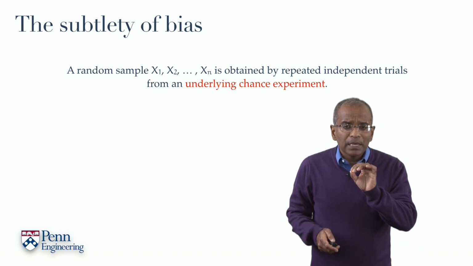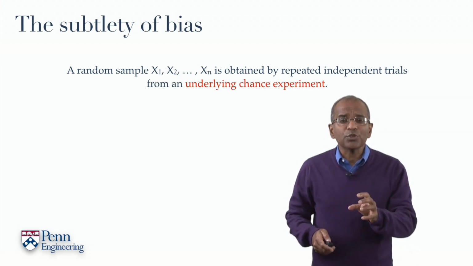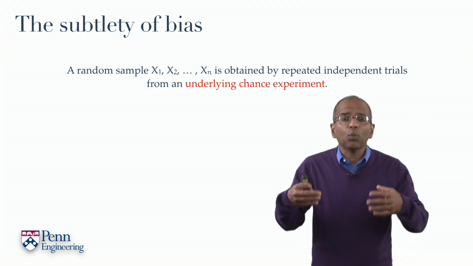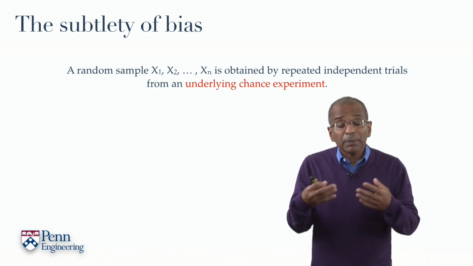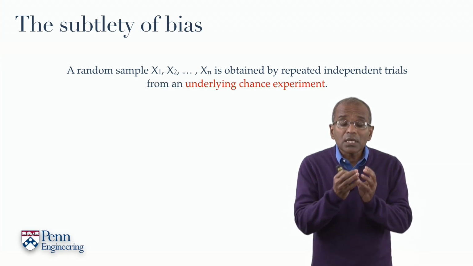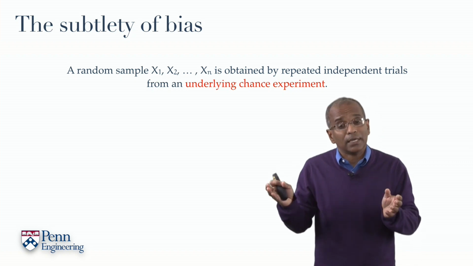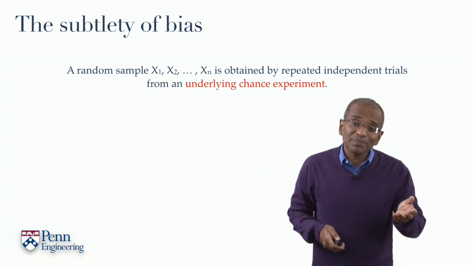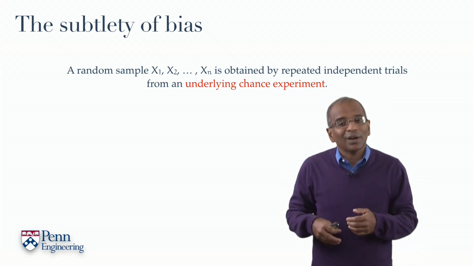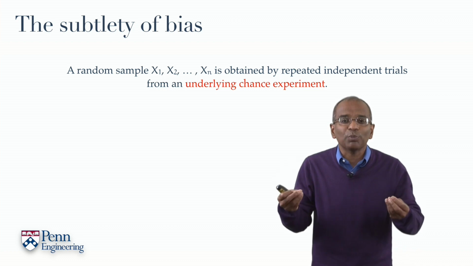Now, it is very easy to introduce bias into an otherwise honest experiment. The sampling might be done independently, but the target experiment might well not be the one that we think we have in mind. Bias may be conscious or unconscious. When it's conscious, of course, this is the stock in trade of the unscrupulous pollster.